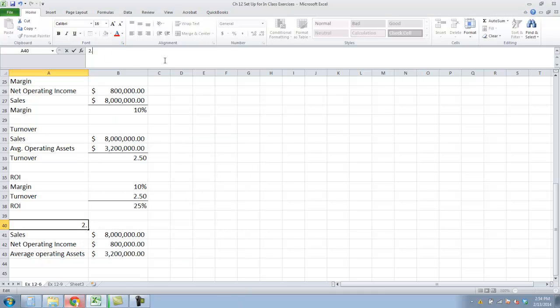So 2 is increase sales by 150% and net operating income by 400%.